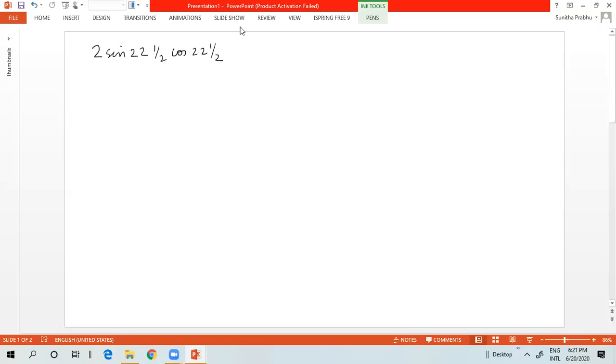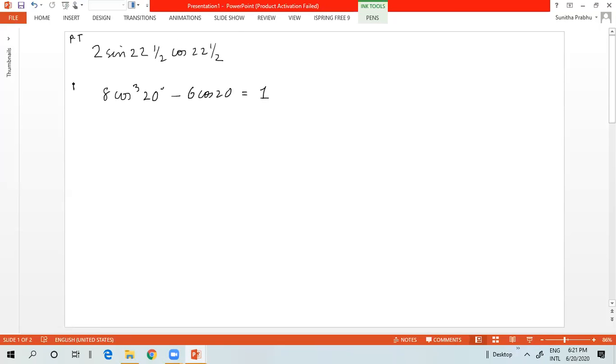Find the value of this. And 8 cos cube 20 minus 6 cos 20 equal to 1. Prove that. These are all prove that's.